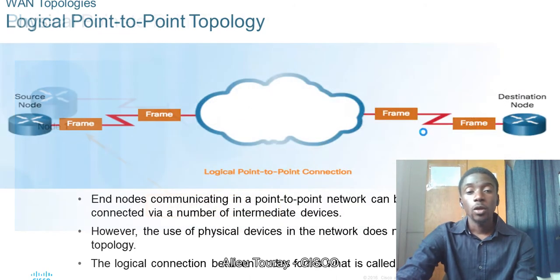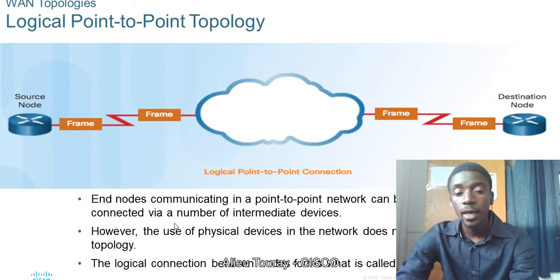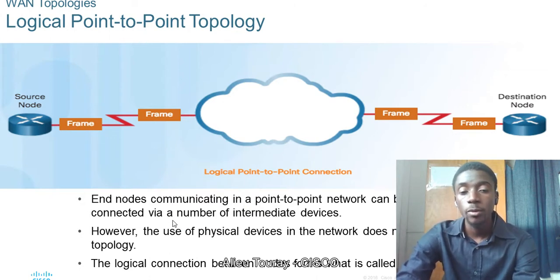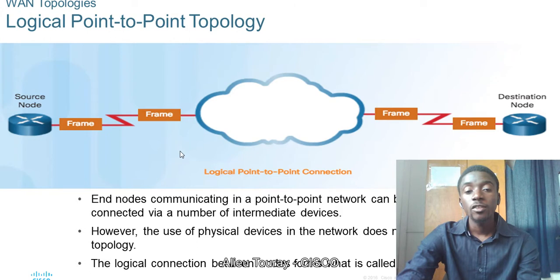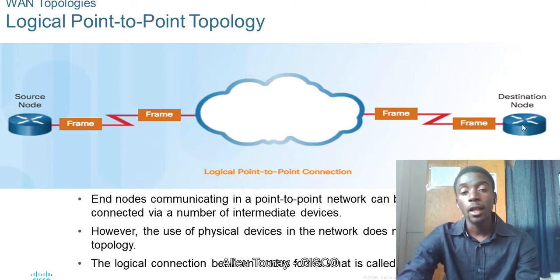And we have the logical format of the point-to-point connection, where all end nodes communicate in a point-to-point network, but can be physically connected via a number of intermediate devices. So it does not mean that when you have a router here and a router there, that's how they are connected. I have a router at QuantumNet right here, and my router at QuantumNet is connected to a router in QCell. So in that case, it does not mean that I have a cable that connects directly from QCell to my router.